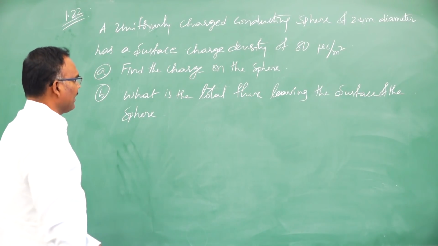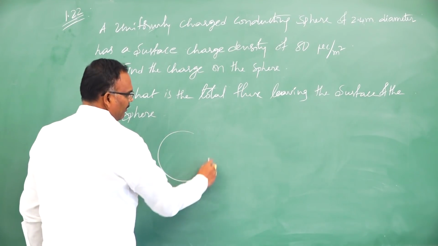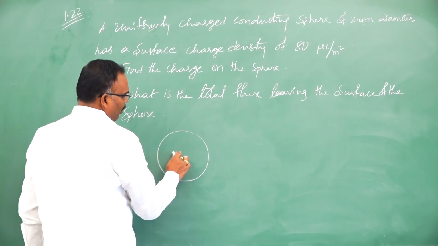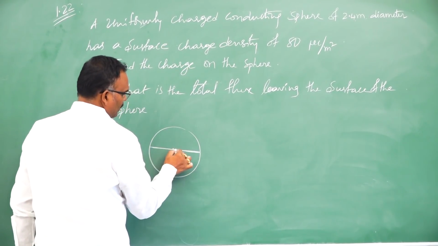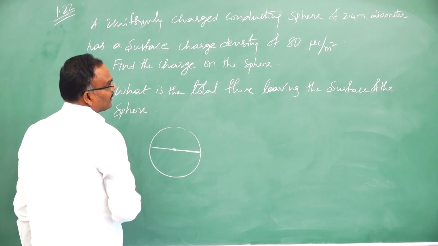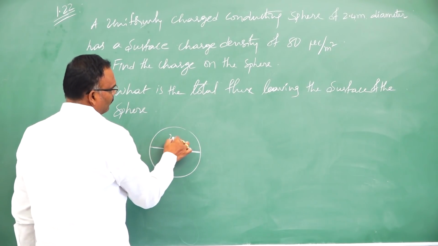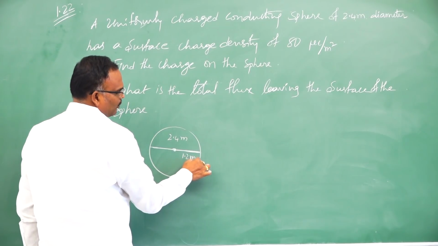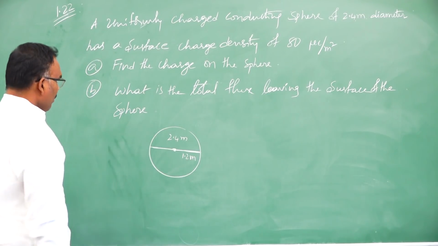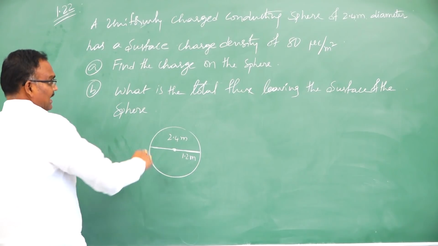So first we'll see. Here I have a sphere of diameter, this is the diameter, 2.4 meter. That means radius is 1.2 meter. It contains a charge density.